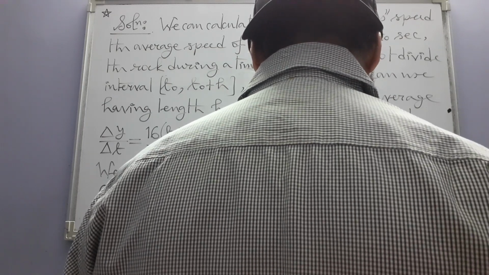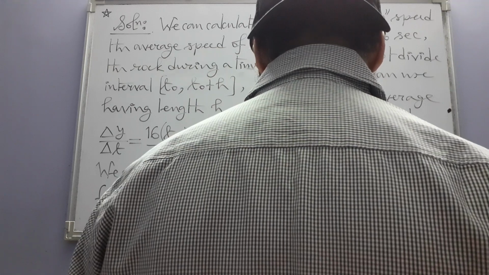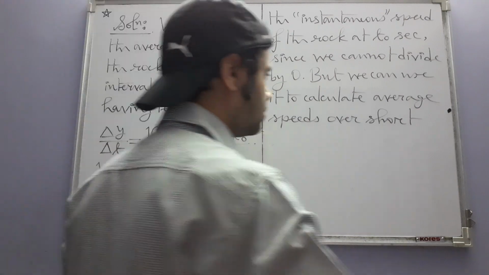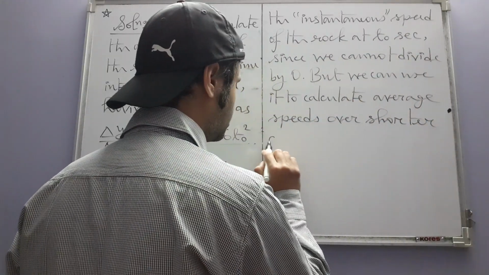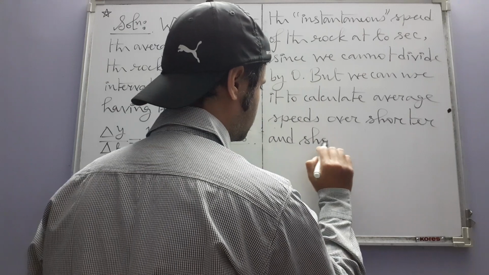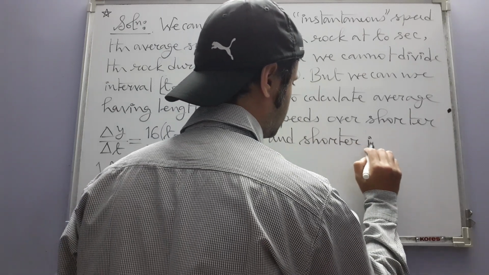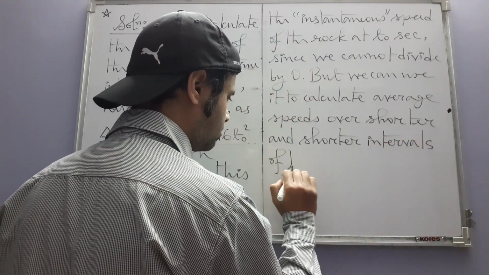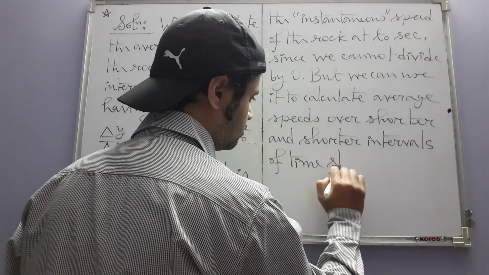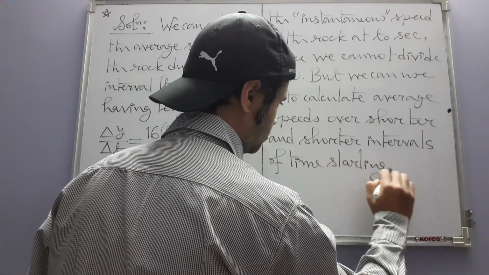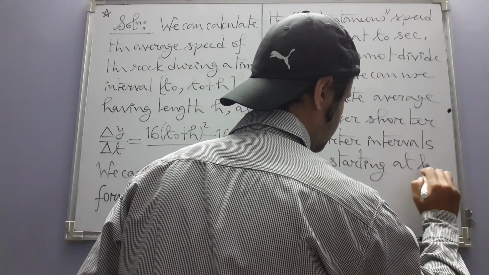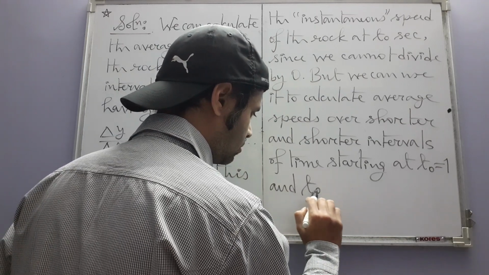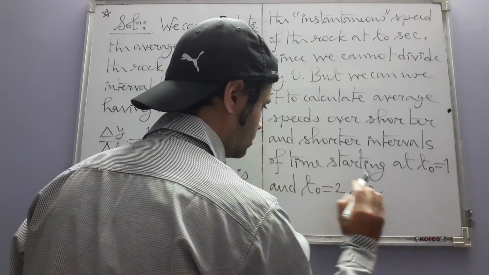Here it's written like this: over increasingly short intervals of time, starting at t naught equal to 1 and t naught equal to 2 seconds.